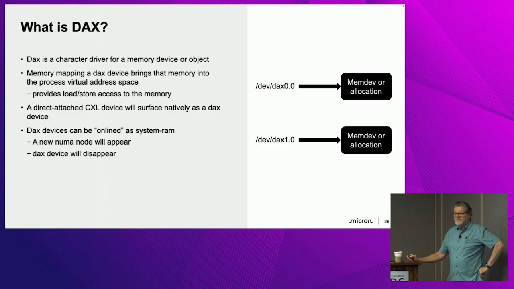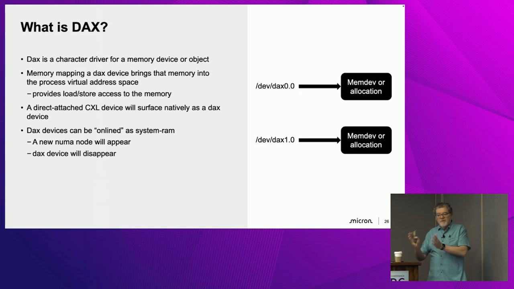In case anybody doesn't know what DAX is, DAX is memory that Linux has in the system memory map, but isn't using. On a system with just regular memory, you can mark off some and make it DAX by getting the special purpose memory attribute set for that range.